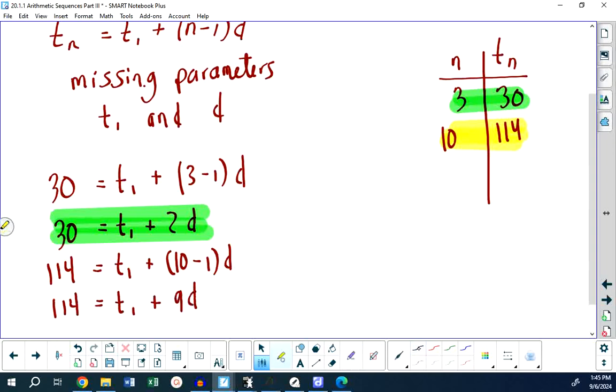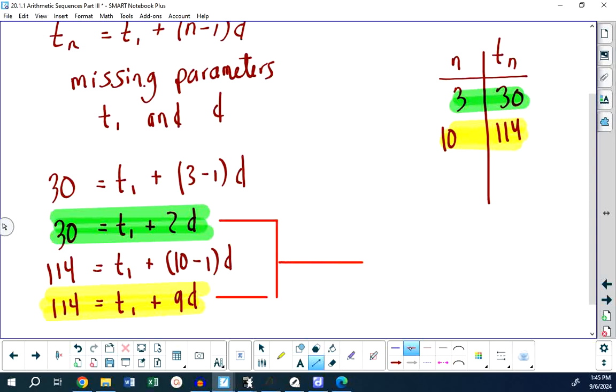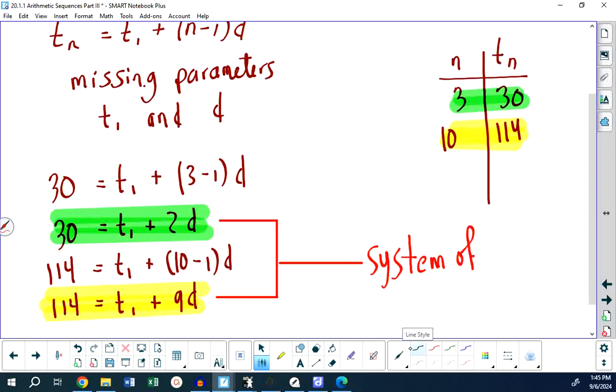Here's my second equation. And now these two things are a system of equations.